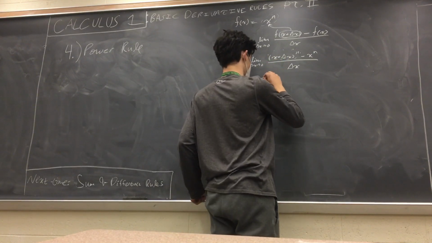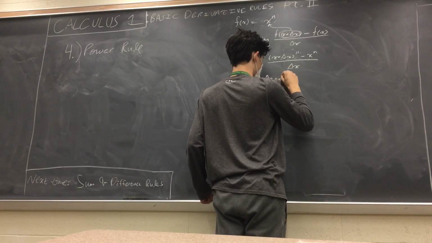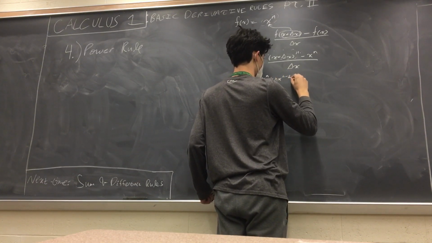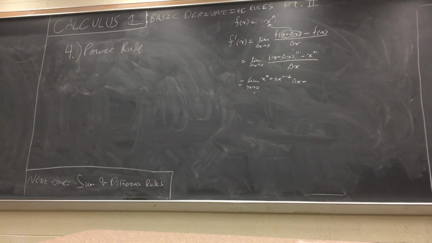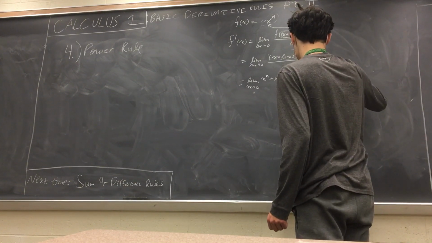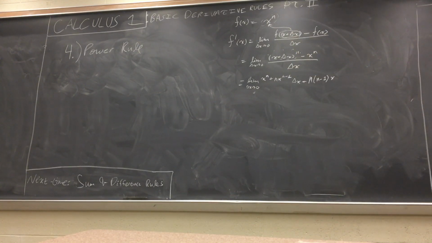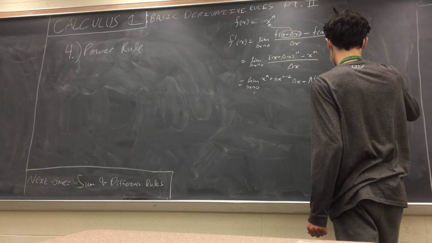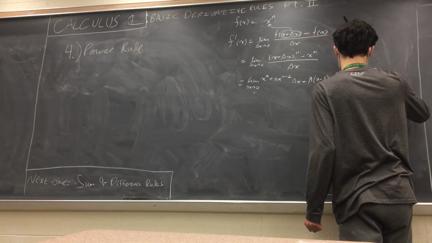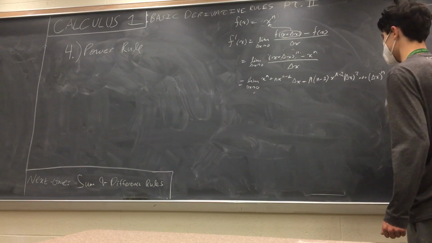So we have x to the n plus nx to the n minus 1 delta x plus n times n minus 1 times x to the n minus 2 times delta x squared. And this goes on until you end up with, at the end, delta x to the n.